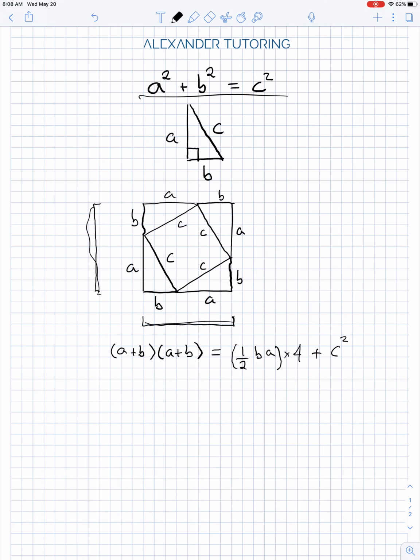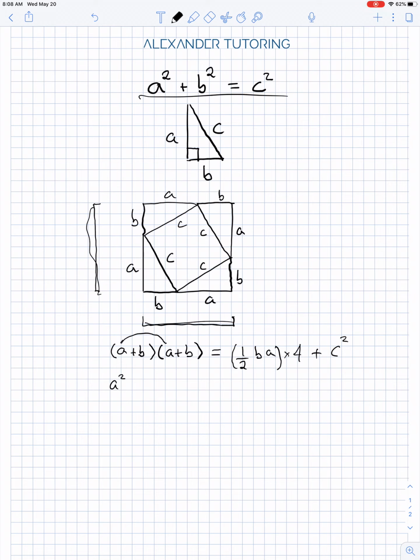Okay, so let's do a little work here. Now, one thing that you should know how to do is distribute, or in this case, some people call it FOIL. So on the left-hand side, the way we distribute this is we just multiply in every combination possible. So I like to start with this guy, and we're going to do a times a, which is a squared.